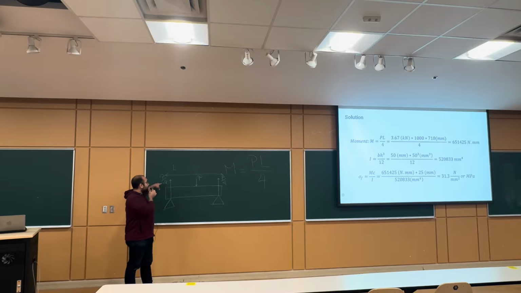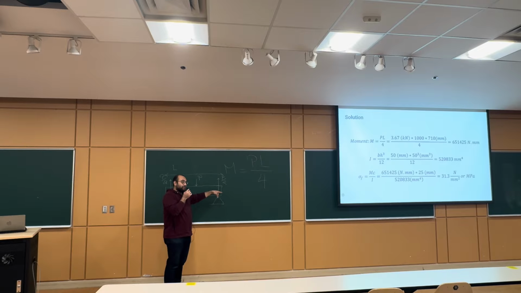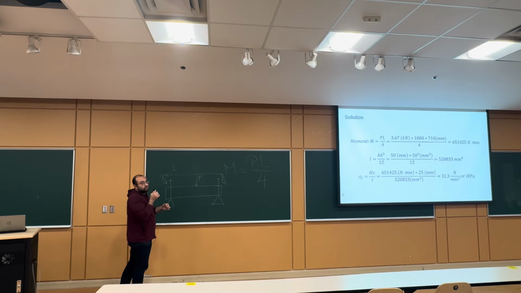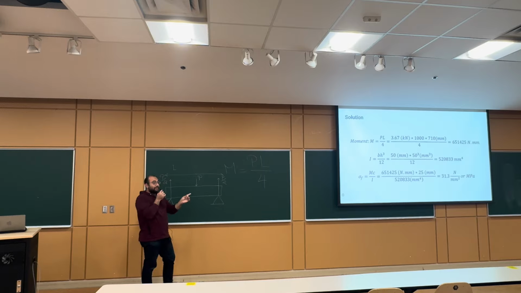So it will be P over 2, this is the reaction on the left, and P over 2 is the reaction on the right. To calculate the moment that is induced due to this force, we multiply the load by the length, right? So it's the moment around this center that we have here.